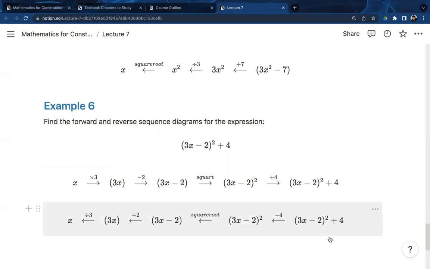If you have an expression and they ask you to change the subject of the formula, what you're doing is starting with the unknown variable and building up the expression that contains the unknown variable. So this is the unknown variable, this is the expression here. The unknown variable is x. You start with x and you build up the expression that you were given. Then you do the reverse sequence diagram, and it will tell you the order of the operations you have to perform in order to change the subject of the formula, okay?